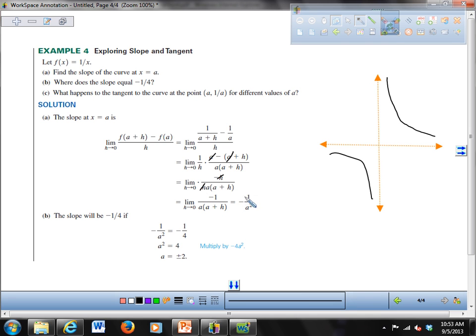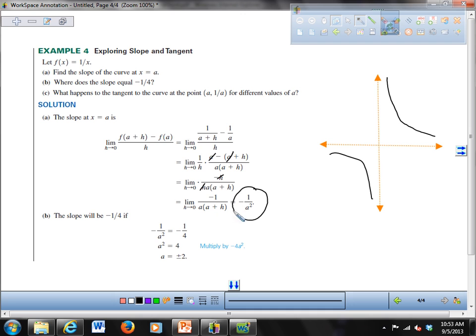Look at this example in the book if you can. The algebra is a little bit tricky, but we've only got a few minutes. This formula is a general formula for the slope at any point. That's the equation of the derivative.